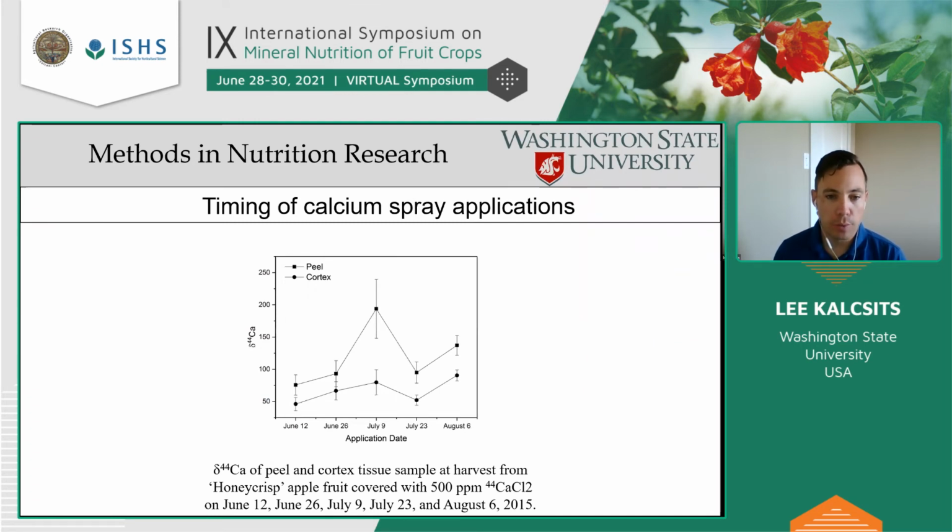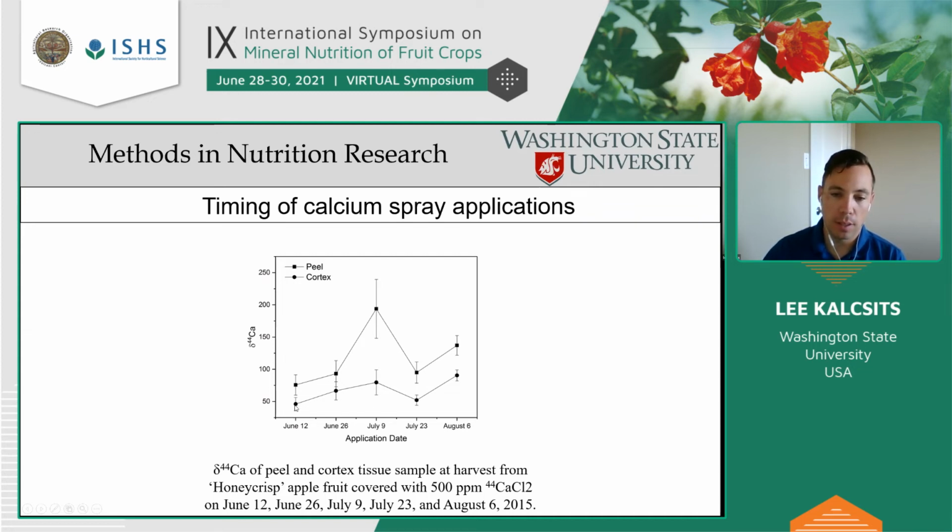When we measure the fruit, we get values of delta 44 calcium, which is the amount of 44 calcium that has entered the fruit, relative to a standard. If the value is 0, none of the calcium we applied in the form of calcium chloride entered the fruit. At all 5 application points, the values are higher than 0.